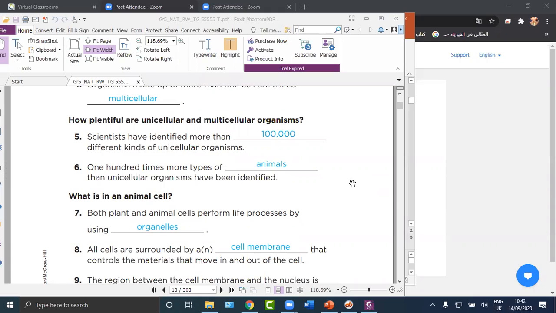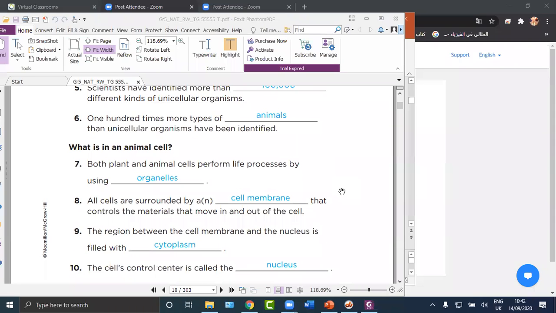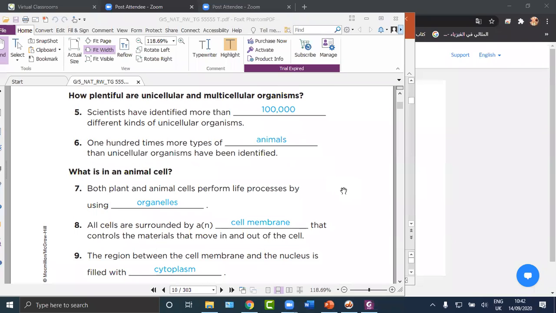Who can correct? Me, mister. Yes, Muaz. The cell's control center is called the nucleus. Excellent, perfect. Nucleus. Okay, number 9, we have finished.